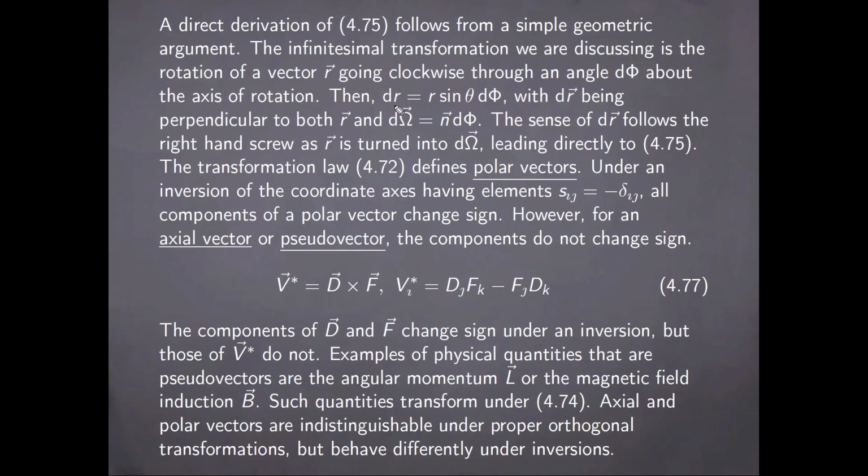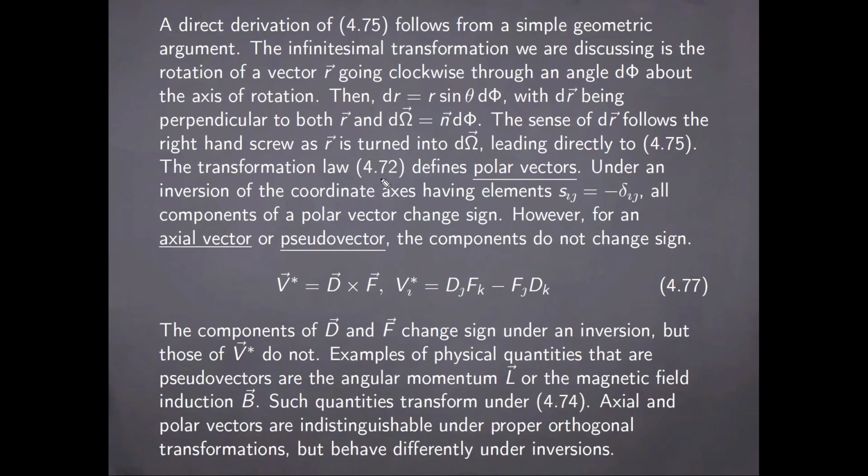Then the distance swept by the endpoint of the vector during this rotation is simply the one given here in spherical polar coordinates, and its orientation is perpendicular both to the radius vector itself and the vector d omega given by the product here. And its sense follows from the right-handed screw rule, as the vector r is turned into the omega, thus leading directly to 475.